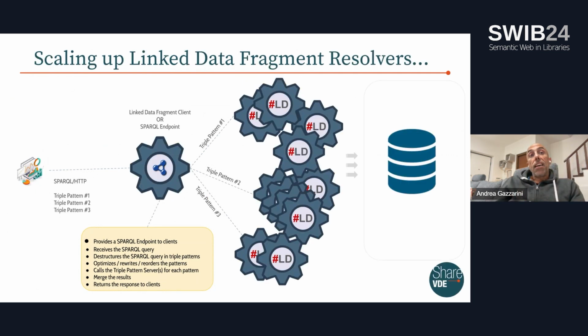This is a very lightweight architecture because the servers are very, very simple. They are supposed to receive probably a lot of requests, but very simple ones. For that reason, they are absolutely stateless, so we can scale up those linked data fragment resolvers as much as we want.